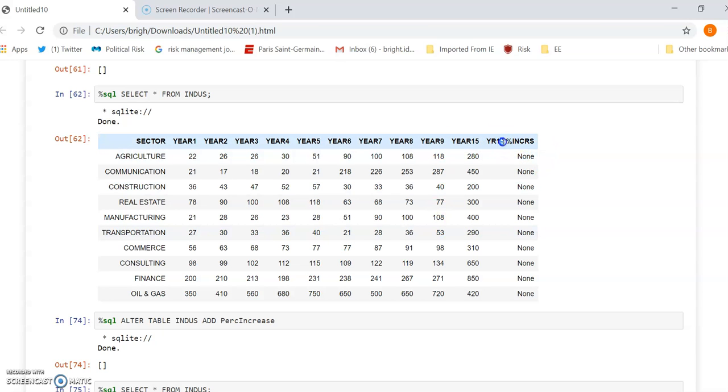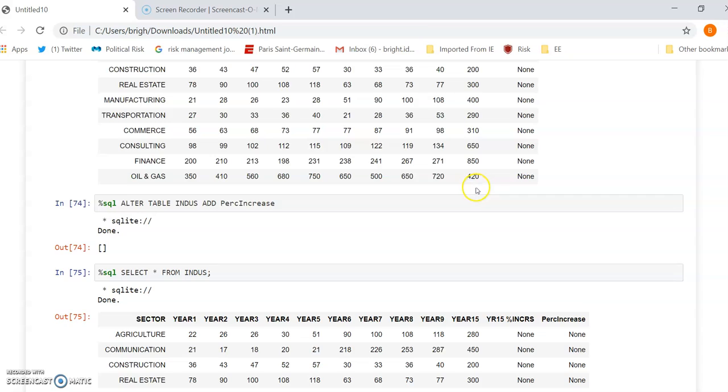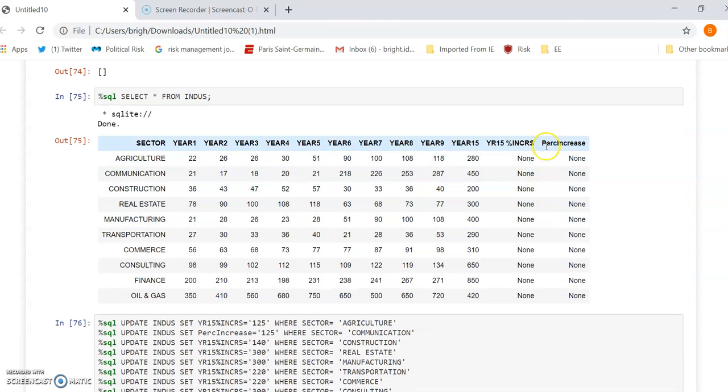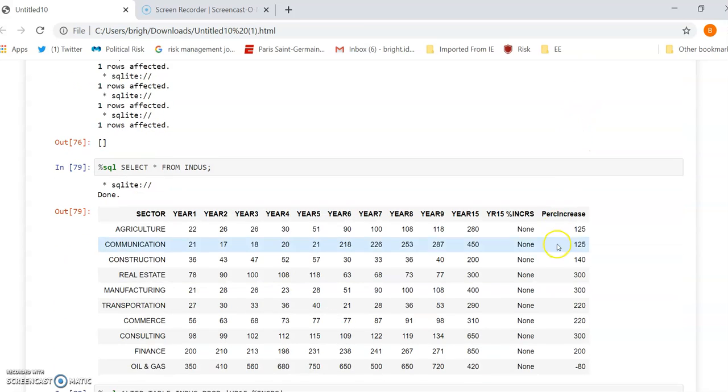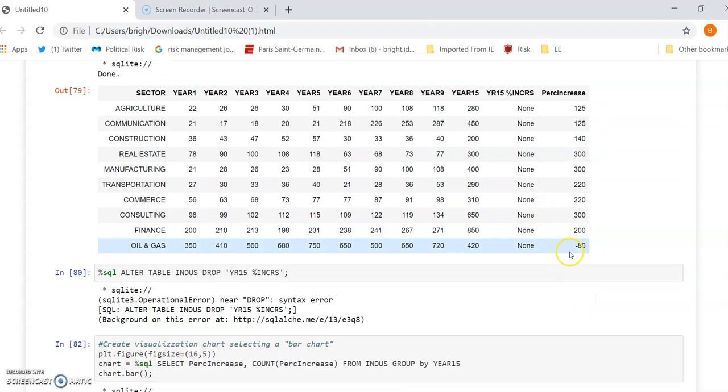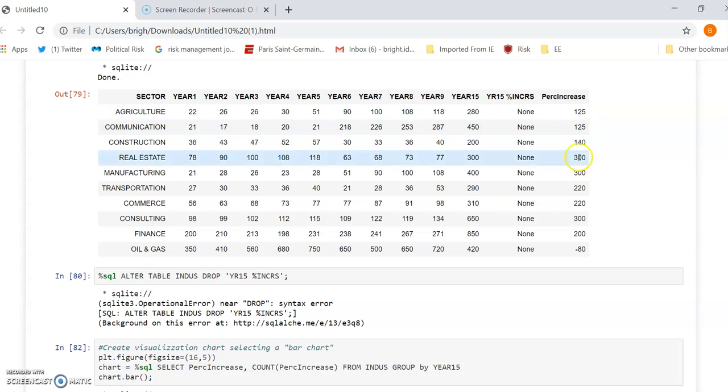This percentage was giving me an error, so I changed it to verbally put it as percentage increase. After that I was able to update the table with the numbers. So these are in terms of percentage increases.